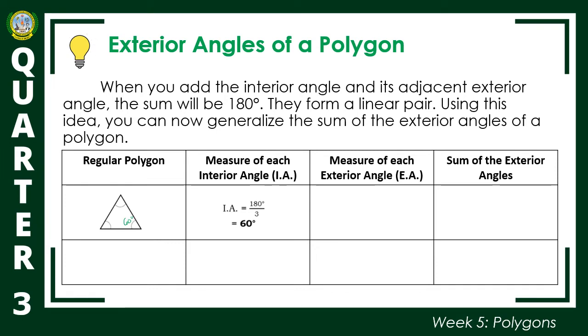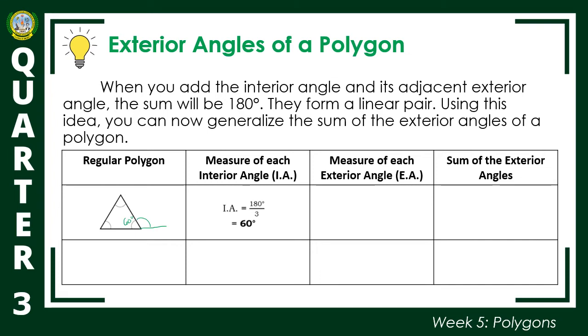So, di ba, para makabuo tayo ng exterior angle, kailangan nating extend ng side. Okay? So, imagine yung straight na lang po yan. So, pag in-extend po natin, di ba, magpo-form ng linear pair itong ating exterior angle dun po sa 60 degree angle. And since linear pair sila, ang sum nila ay 180 degrees.